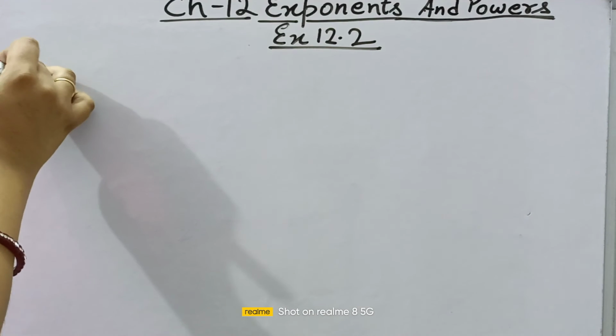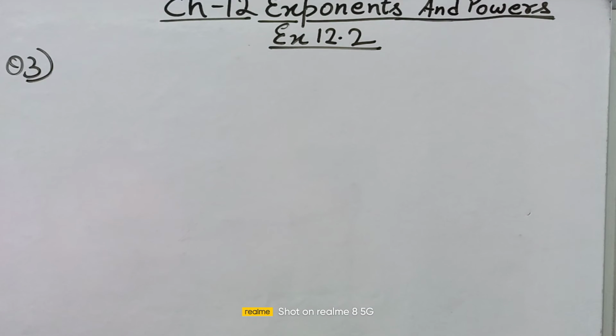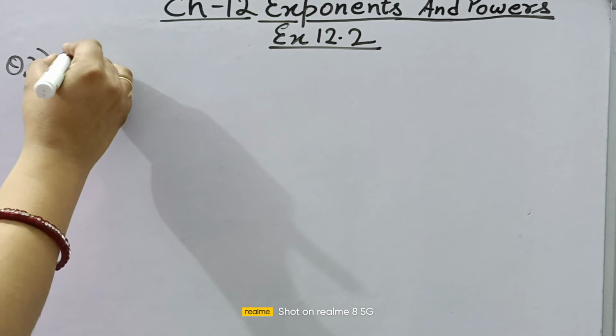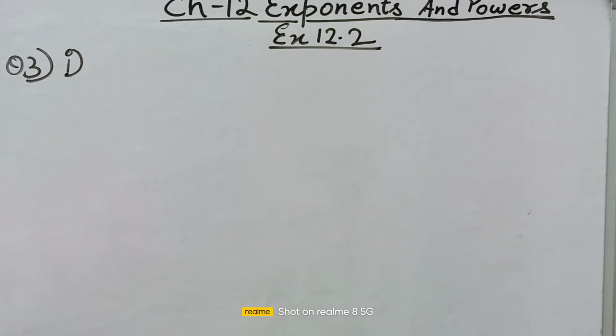Let's try question number 3. Question number 3 is saying, express the numbers appearing in the following statements in standard form. Now a few statements are given and you have to write the given numbers in standard form.